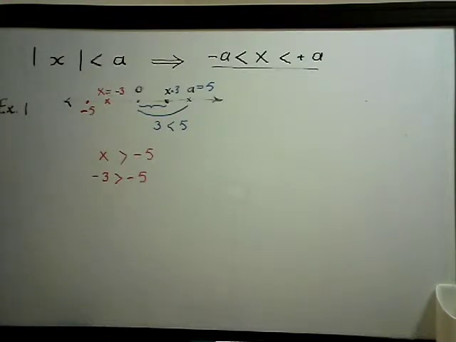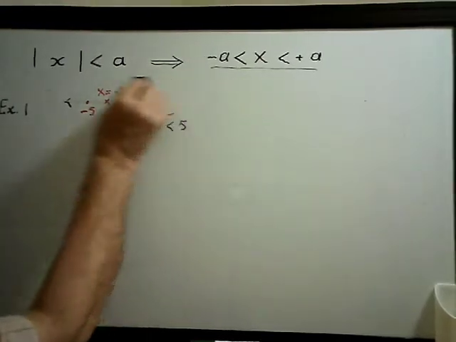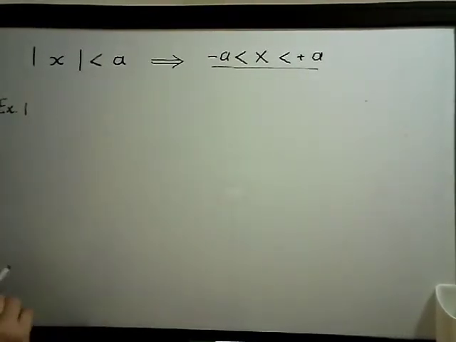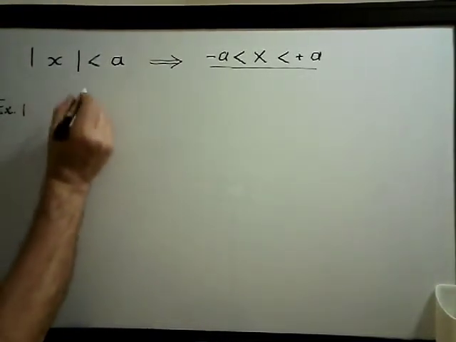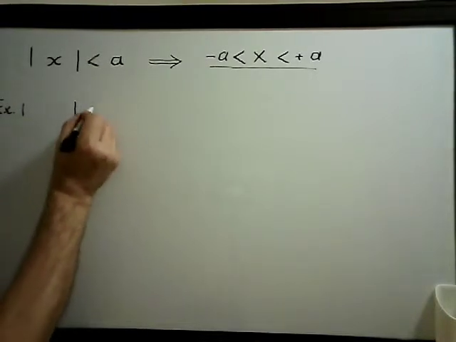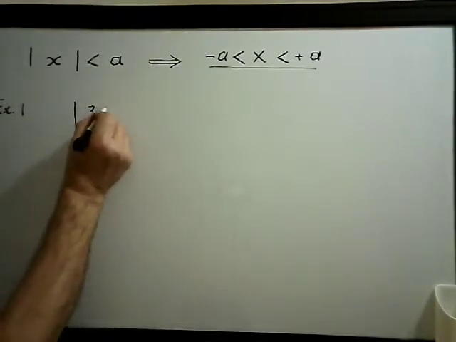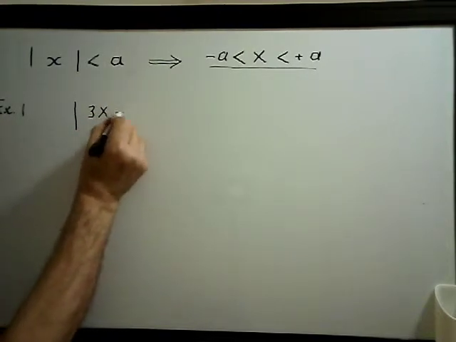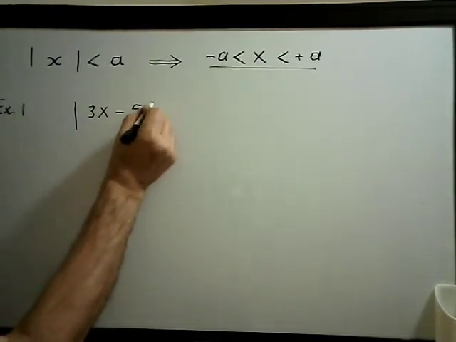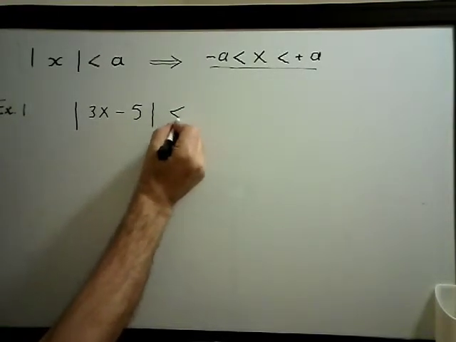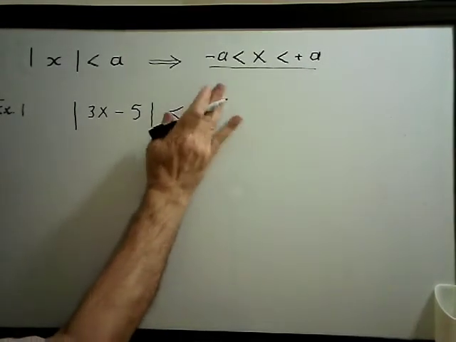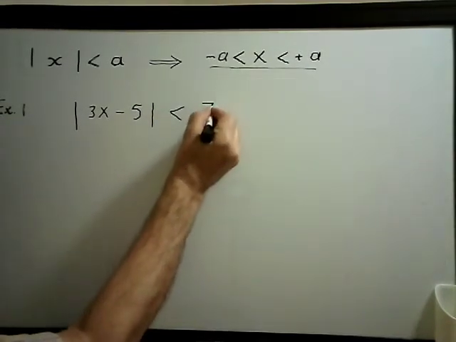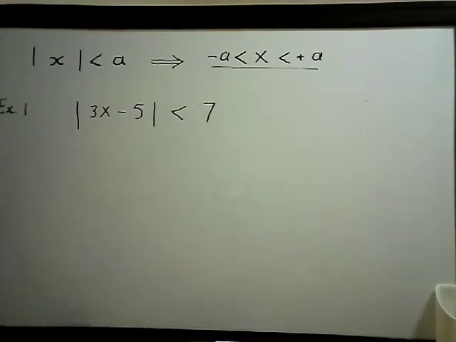Let me give you an example for this. Find out the solution for the inequality 3x minus 5 is less than 6 or 7, whatever, any example.